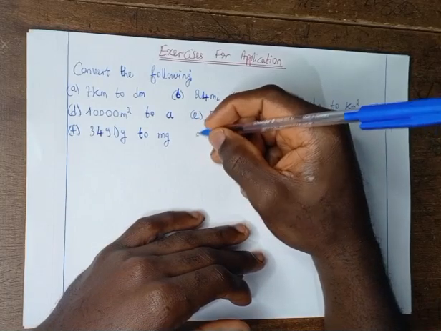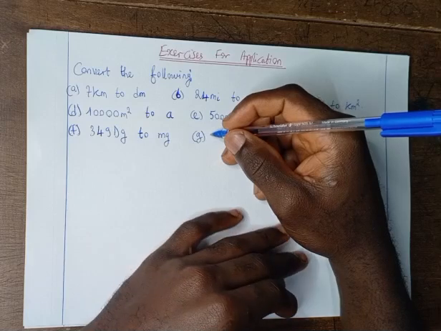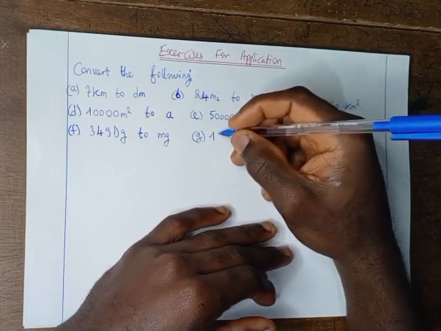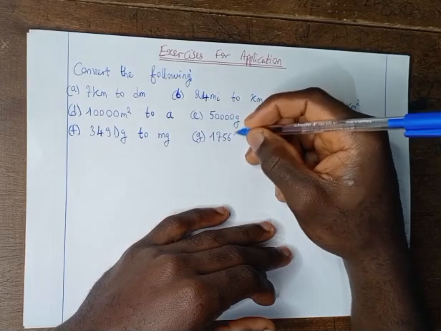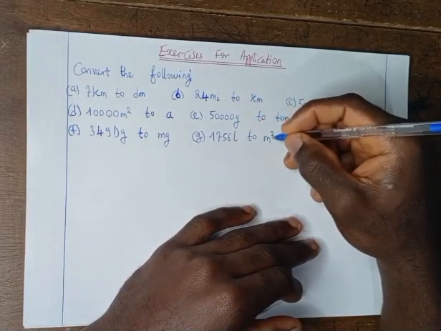We go now to G. G, we have 1,756 liters to meters cubed.